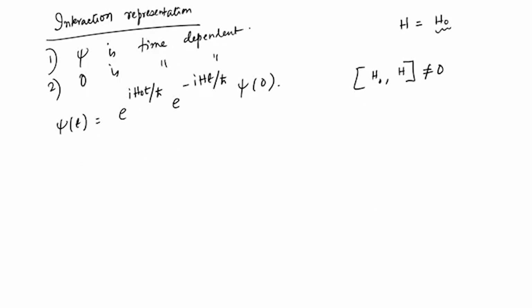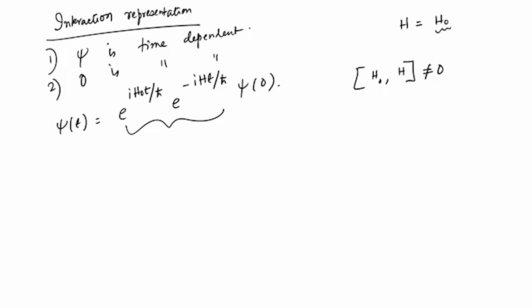But in this particular case where both psi and O are time dependent, the wave function can be written as exponential i H naught t by h cross, exponential minus i H t by h cross, operating on psi 0. Remember, you can't combine these two exponentials, because when you try to combine the exponentials, it automatically means that the two operators in the exponent commute, and in this case they do not commute.